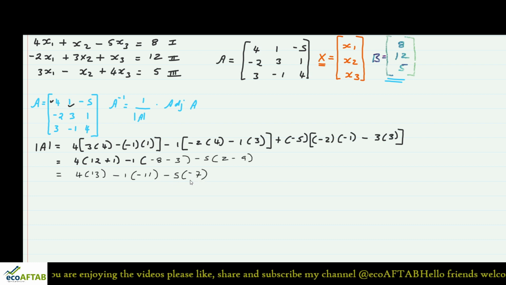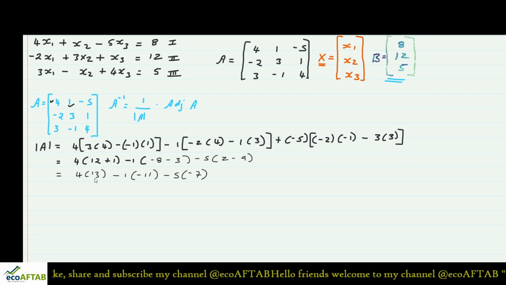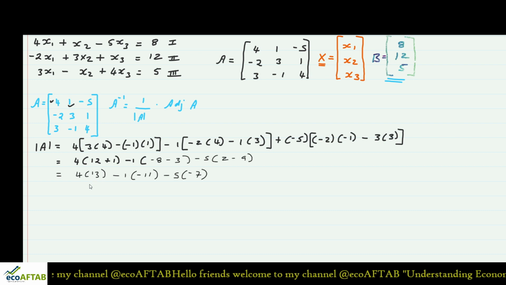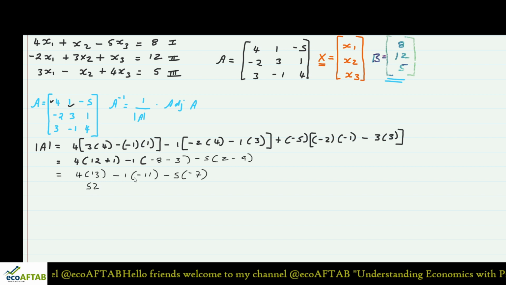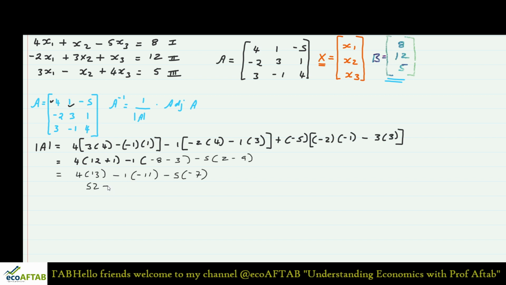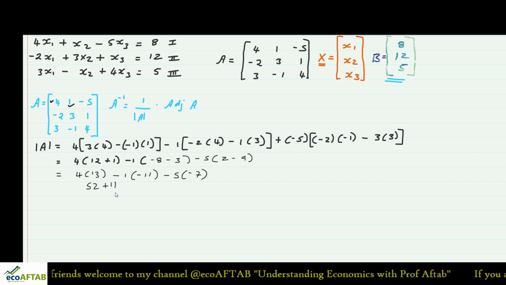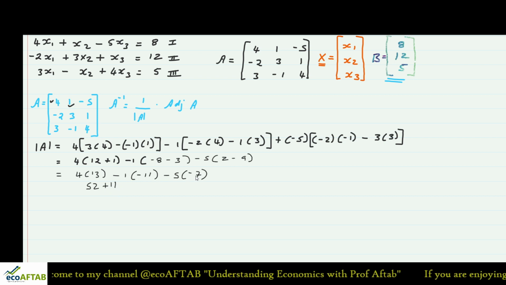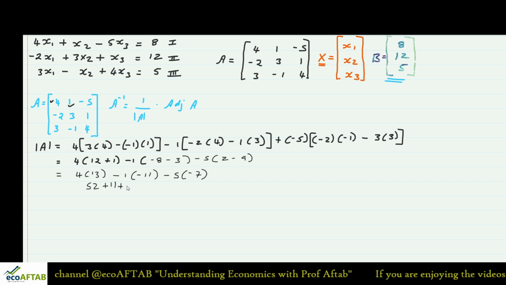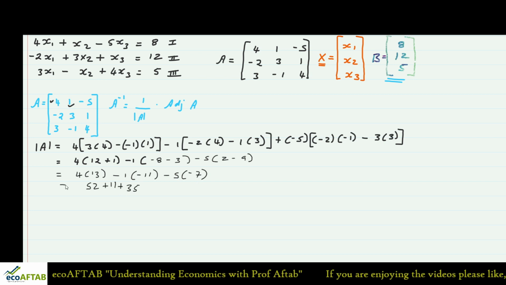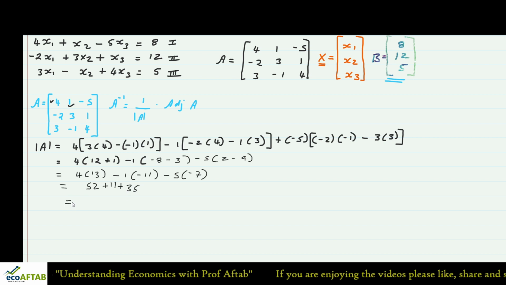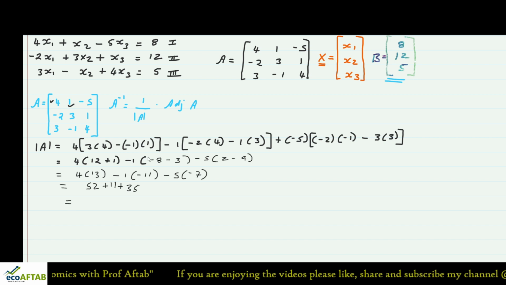After further solving, we get 13 into 4, that is 52, minus 1 into minus 11, that is plus 11, and minus 5 into minus 7, that is plus 35. At the end, when I add up all these things together, 52 plus 11 plus 35, I get 98.